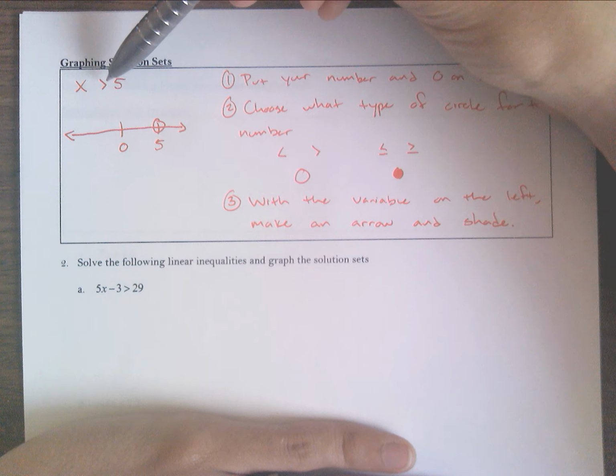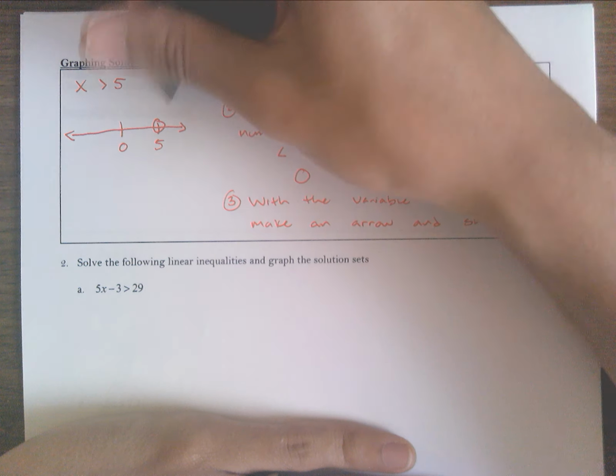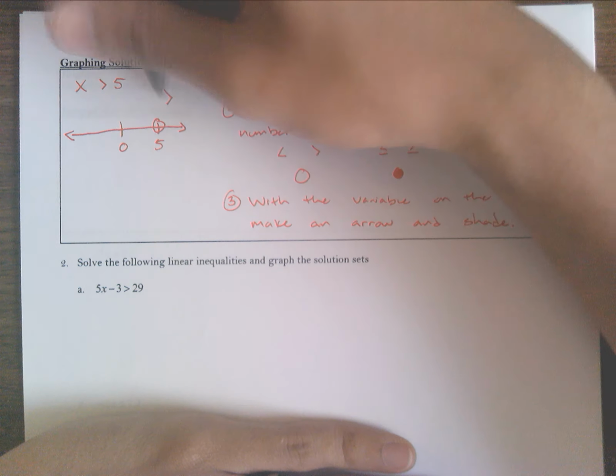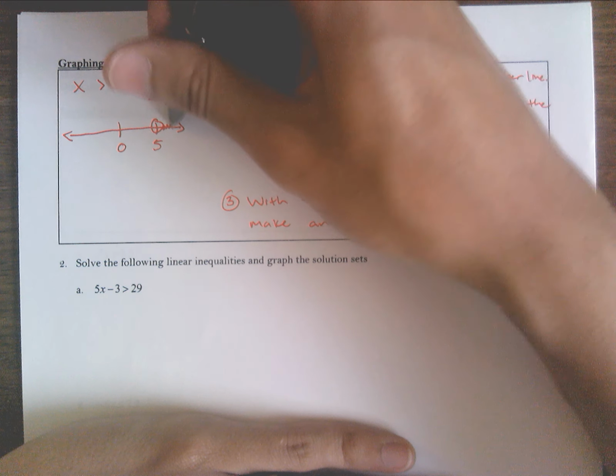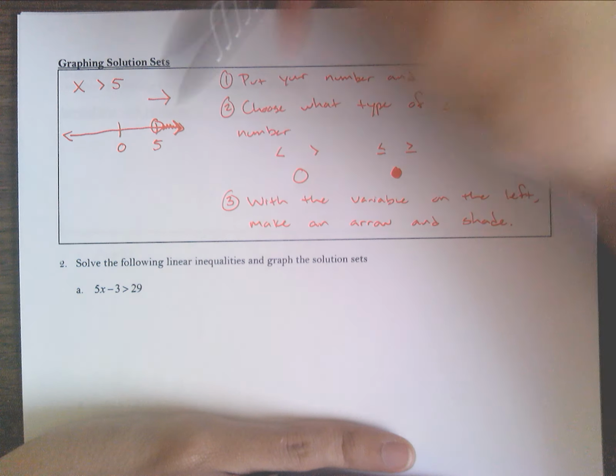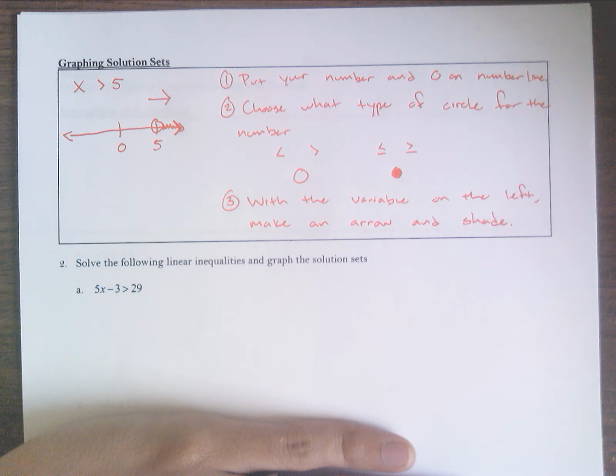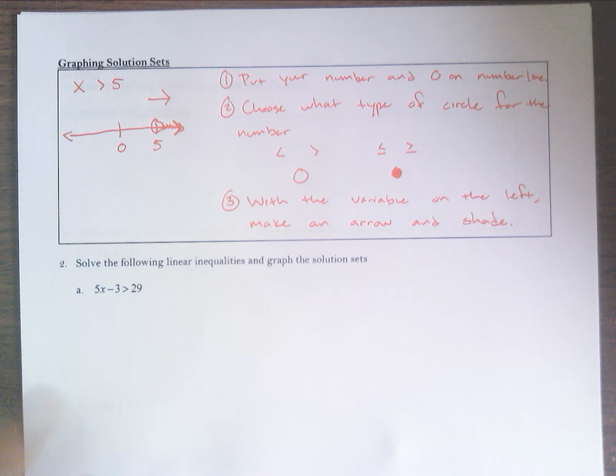If I were to make an arrow with this, so from greater than, an arrow would look like this. So this tells us the direction in which we're going to shade. So we're going to shade to the right. So you can draw squiggles. And then at the end of our shading, draw an arrowhead on there just to show that the shading continues all the way infinitely out in the right direction.